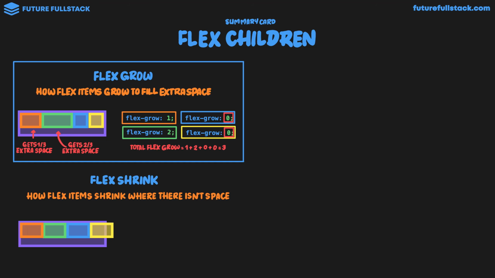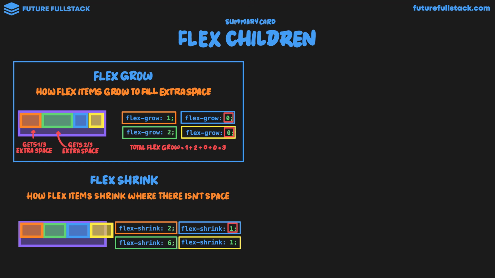On the first box, we set a flex shrink value of 2. On the second box, we set a flex shrink value of 6. On the third box, a flex shrink value of 1, which is just the default value. And on box 4, we also set a flex shrink value of 1, which again is the default value. The way flex shrink works is the total flex shrink is calculated, which is 2 plus 6 plus 1 plus 1, which equals 10.